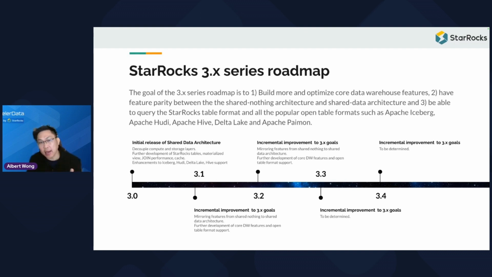In the 1 and 2 series of our product, it was a shared nothing model. In the 3 series, we released shared data, and right now we're working on making parity in terms of feature sets between the two architectures, so that no matter if you pick shared nothing or shared data, you will get similar features. The other thing that we're working on is supporting all the popular table formats, right?